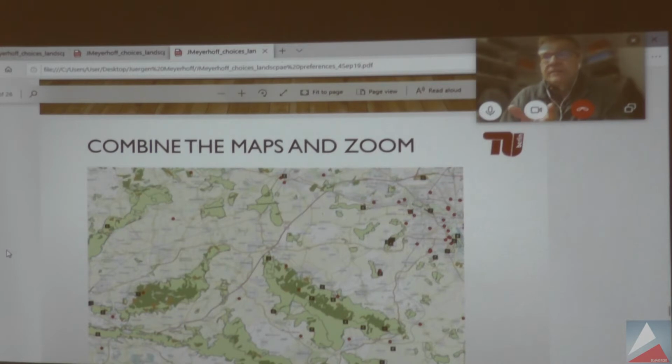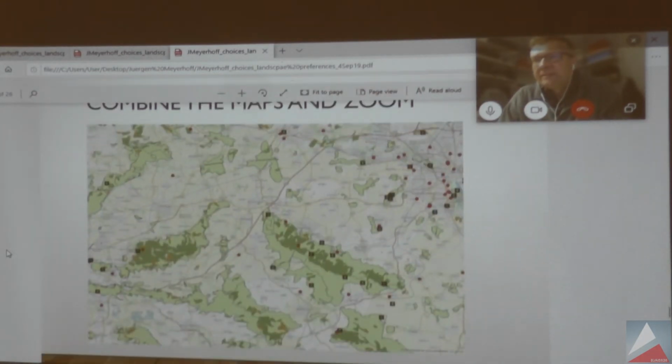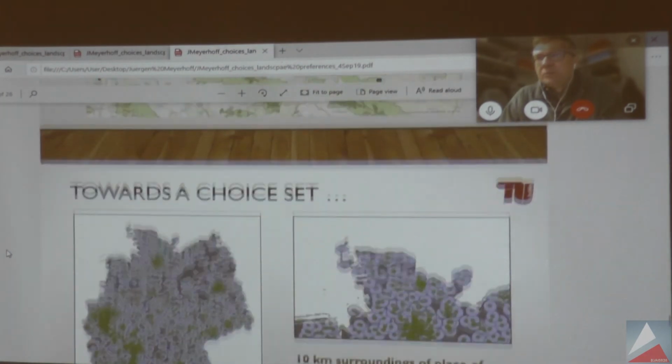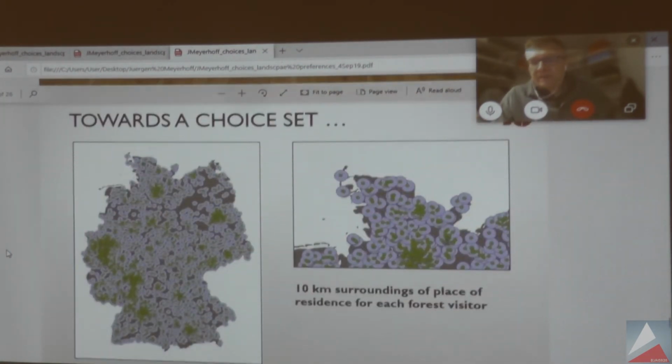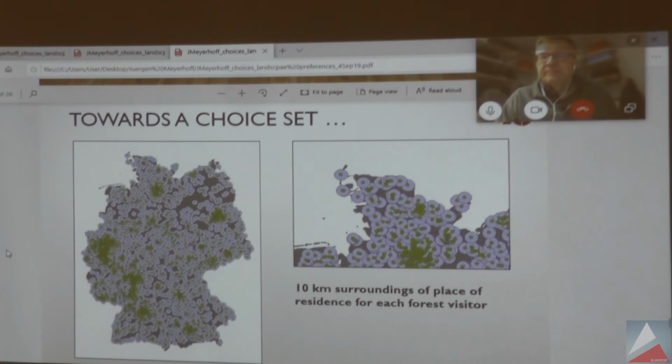What you see are different types of forest, with the information from land cover data, and we indicated with a red dot the place of residence that people gave us in the interview, and then there should be a black box which indicates where people have been to the forest, so that we have these two pieces of information.